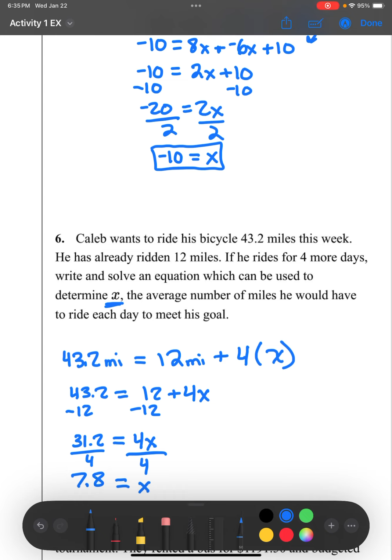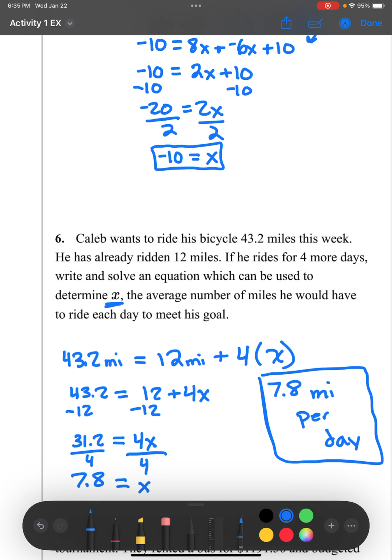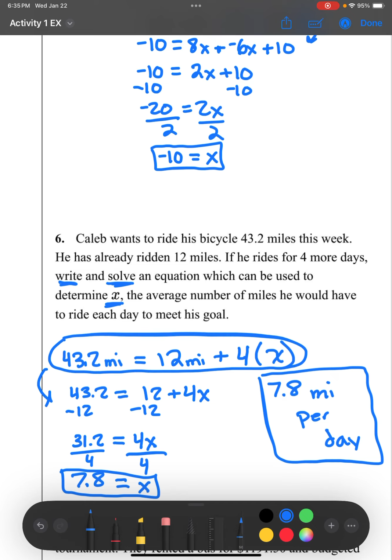So that means he will need to ride 7.8 miles per day. Now you can leave your answer as either x equals 7.8, or you can add on and put 7.8 miles per day. That is just to show. A key thing also, remember, it says write and solve.